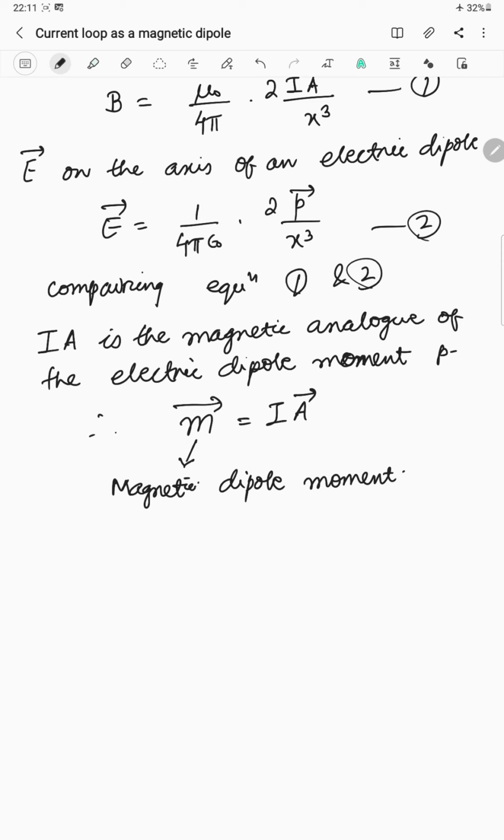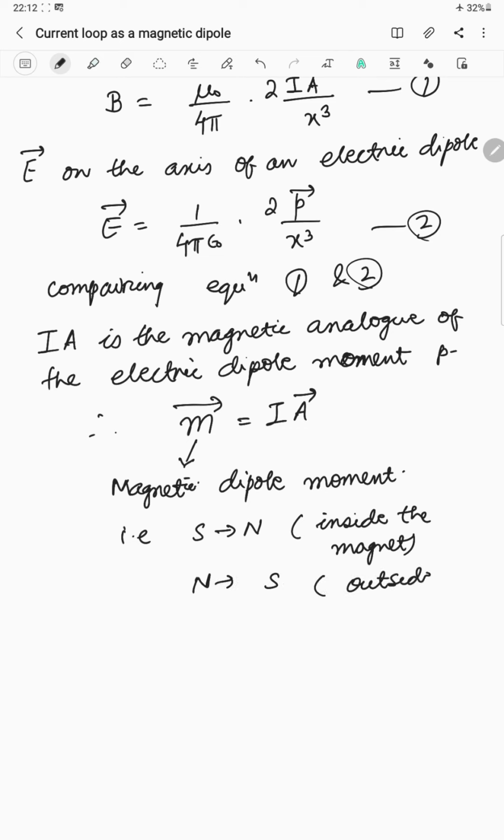Same as the direction of the magnetic field. That is, the magnetic dipole moment direction will be from south to north inside the magnet, and from north to south outside the magnet.